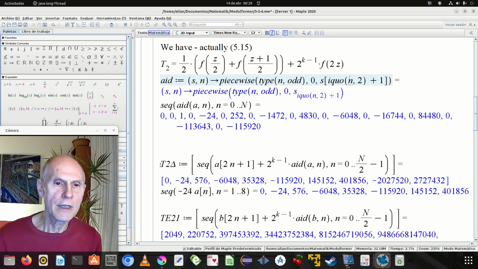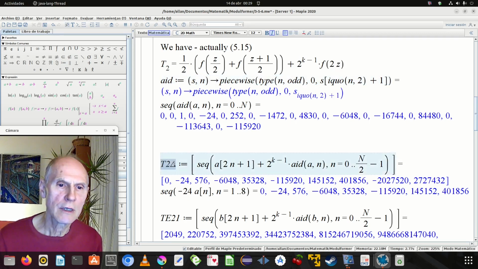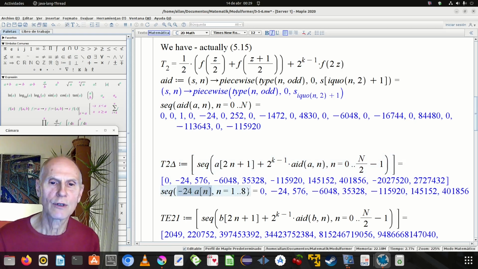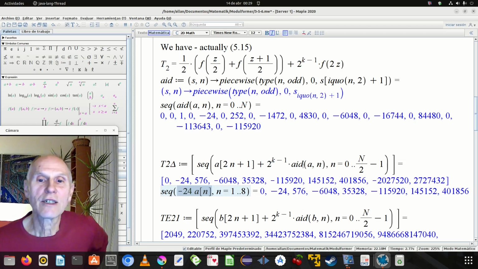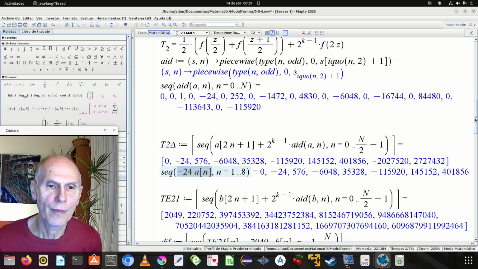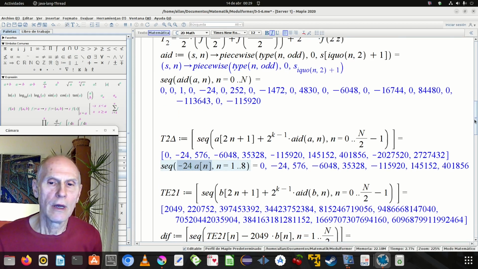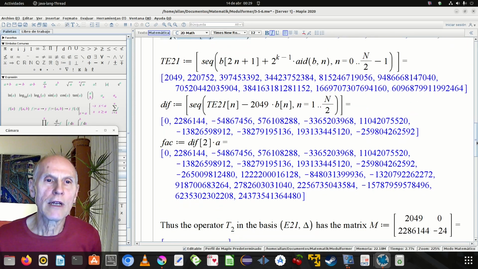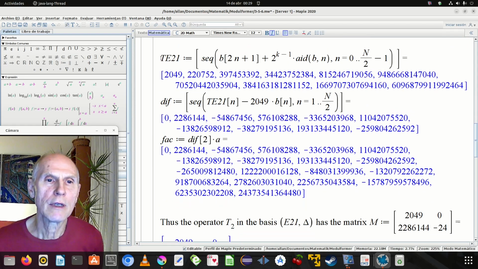All right, we now do this on the delta function, T2 of delta I call it. And that's actually minus 24 times the delta function. And we knew in advance that it would be an eigenfunction, and the eigenvalue is minus 24. And then I'm ready to do the same with E6 squared.